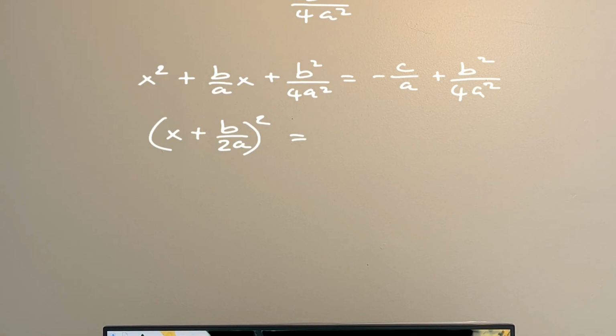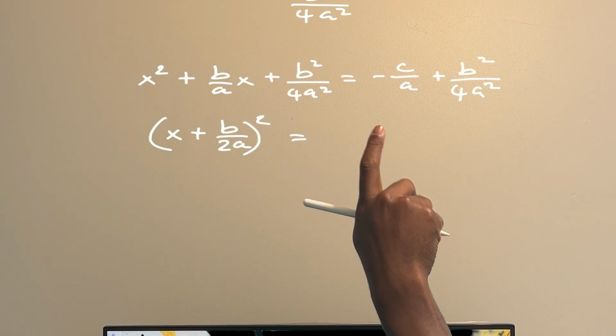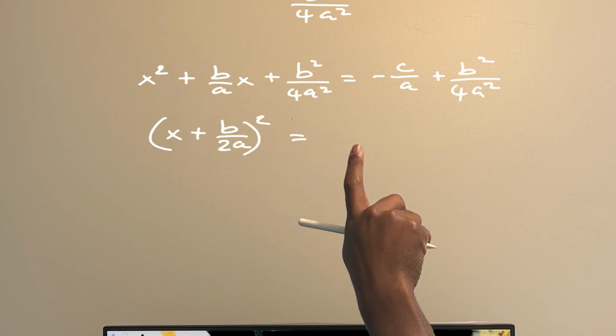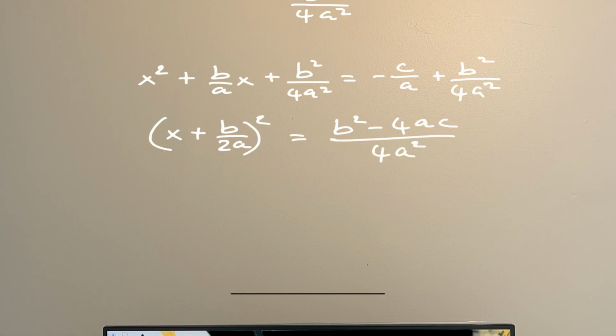So we commute the positive to here, and we move the negative to the right, so we're going to have b squared minus 4ac all over 4a squared. You guys get that?